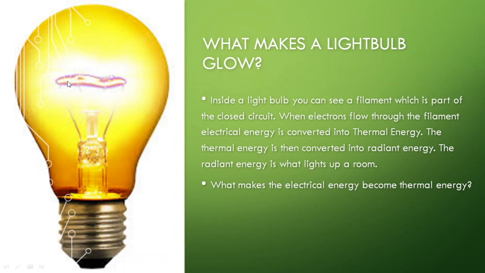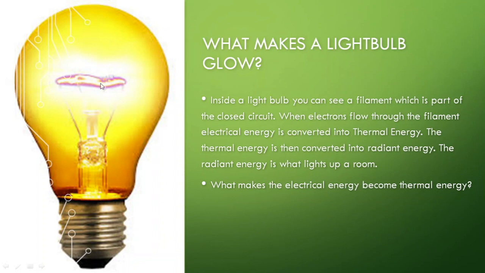Notice, though, that the filament inside the electric light bulb, these little wires, are very thin. So you plug your lamp into the wall, a lot of electrons move through those wires, but then they get all jammed up in this thin little filament here.